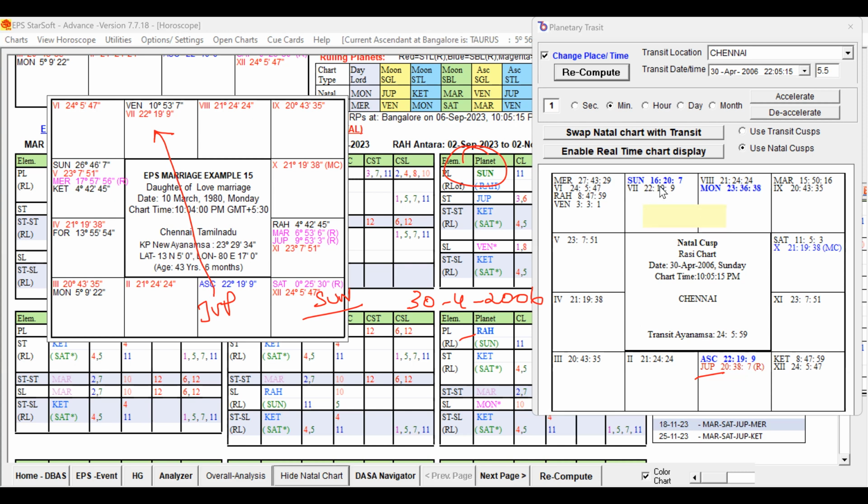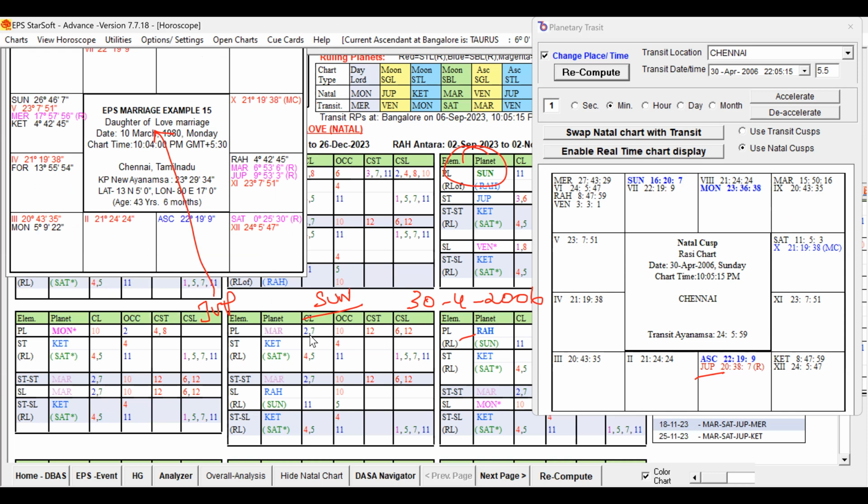So that is fine. And Moon in the sign of Venus and star of Mars again. So Mars is playing a role, and if you look at the star, the signification of Mars is 217. So 217 for the transit, that cuspal lordship is enough, but in the star of Ketu representing Saturn. That way it is favorable.